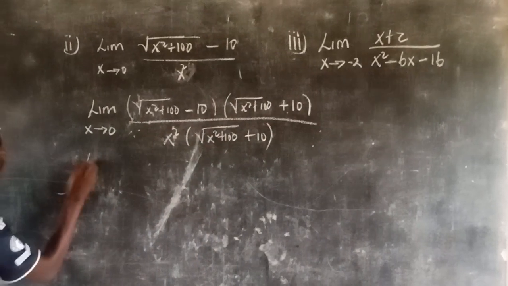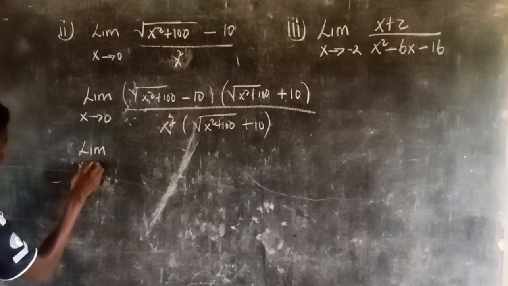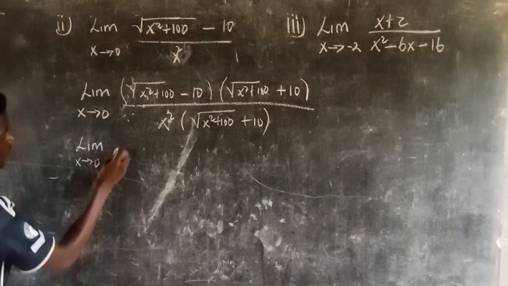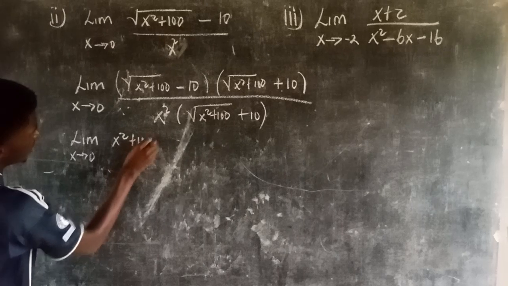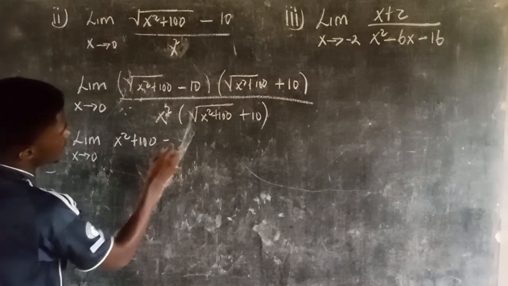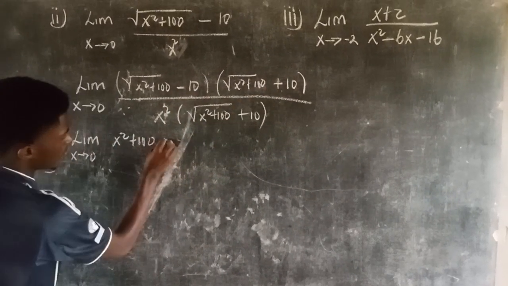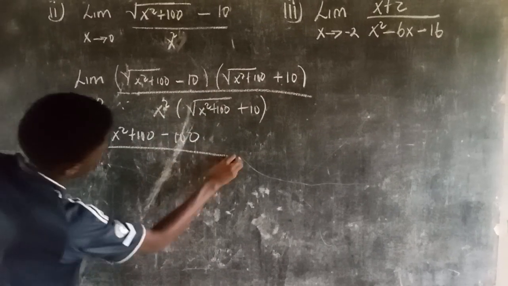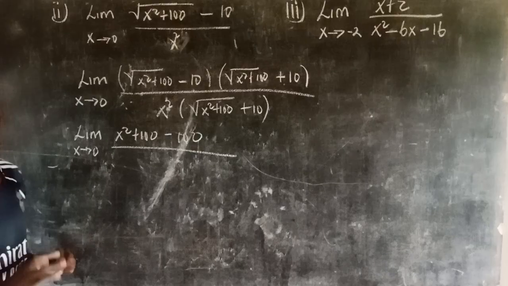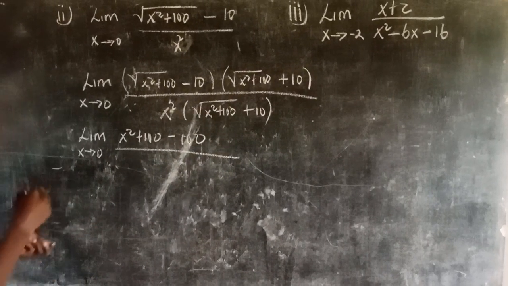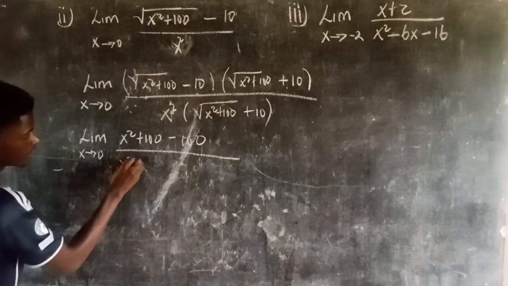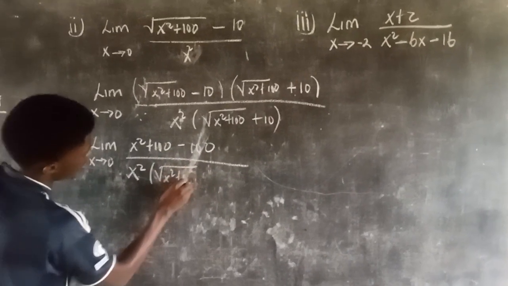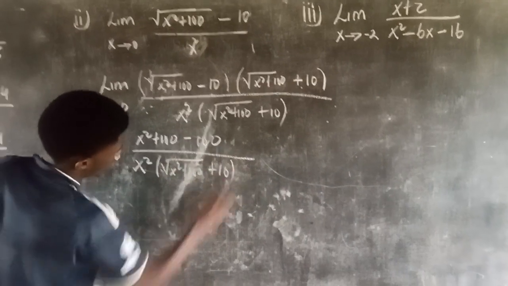So you are going to have the limit as x approaches 0 of: when you multiply this and that, x squared plus 100 minus, negative and positive gives a minus, 10 times 10 gives 100, over the numerator. Just write the denominator the way it is, don't do anything to it. You have x squared times the root of x squared plus 100 plus 10.